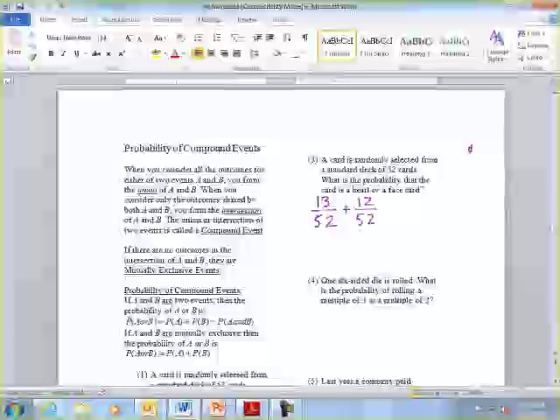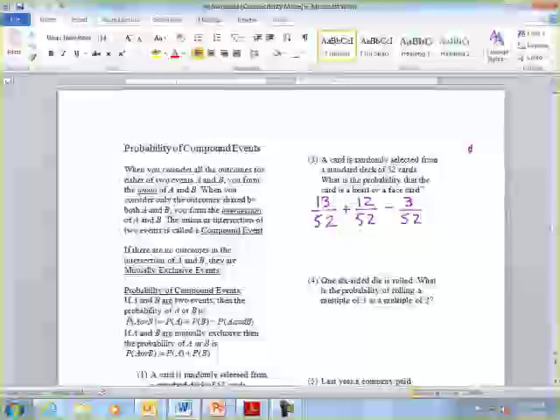Are there any cards that meet both of those criteria, that have a heart and a face on them? Yes. How many? 3. The jack, the queen, and the king of hearts meet both of those criteria. So we need to subtract that out because we accidentally counted it in both groups. So we need to subtract out those 3 cards that we counted twice.